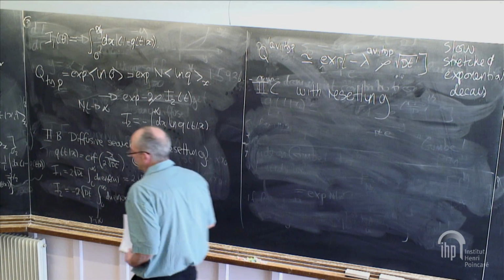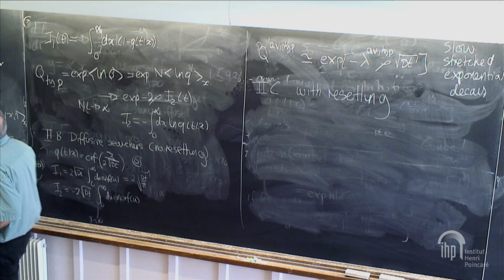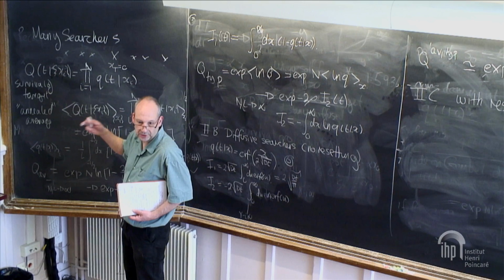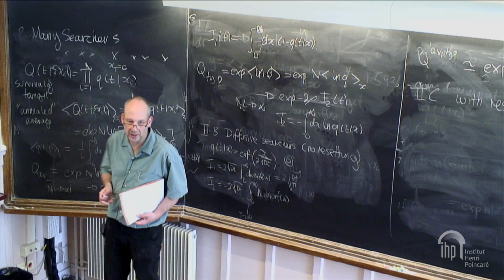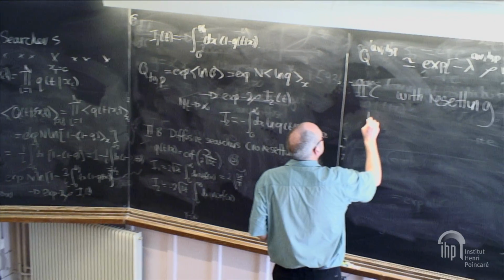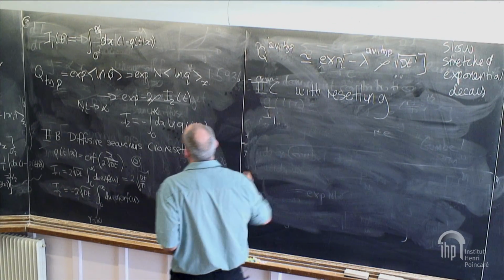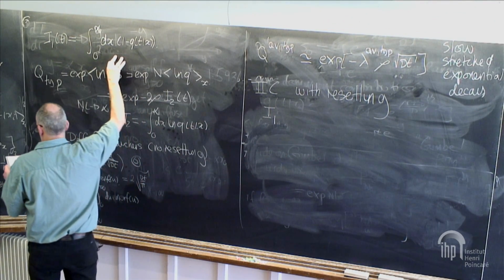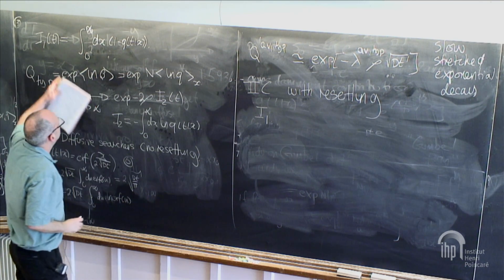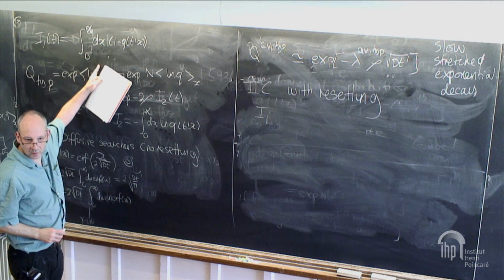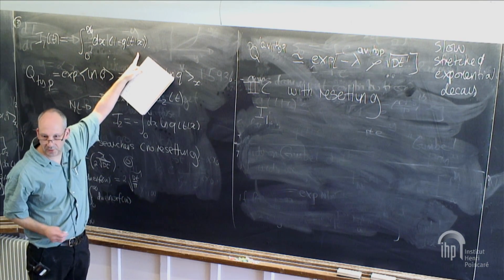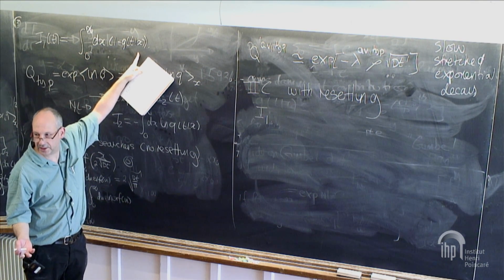In the case of resetting, we've got an explicit expression for the Laplace transform of Q. So we need to try and take advantage of that. If we go back to computing the integral I1, let's take the Laplace transform of this integral, because then it gives things in terms of the Laplace transform of Q, which we have an exact expression for.